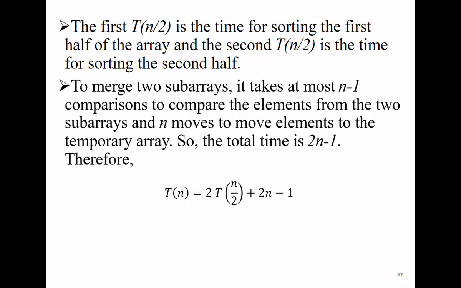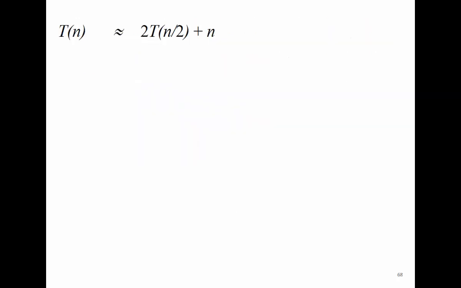The time complexity T of n, which is the time complexity to do the merge sort for an array of size n, is equal to 2 times the time complexity to do half of n, n over 2, plus 2n minus 1, which is the time to do the comparison. To merge any 2 sorted arrays of size n, you need 2n minus 1. Okay? We say that let us forget about 2n minus 1.